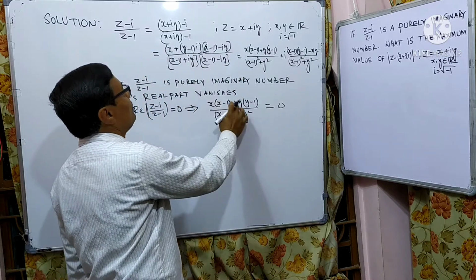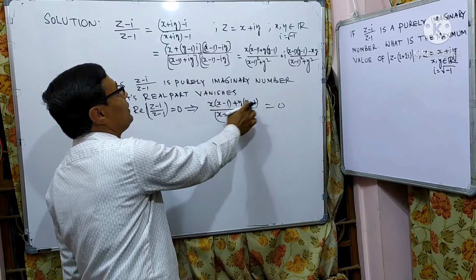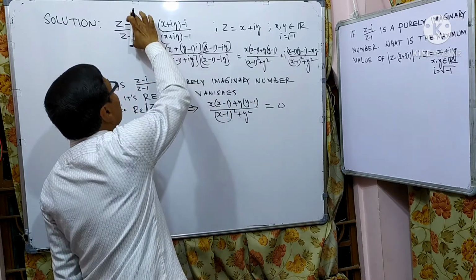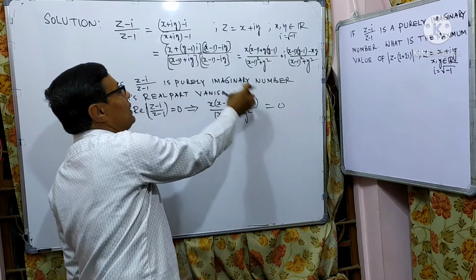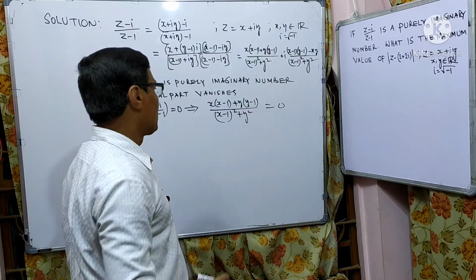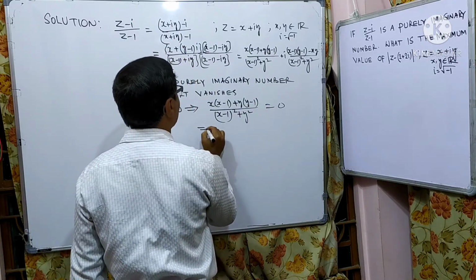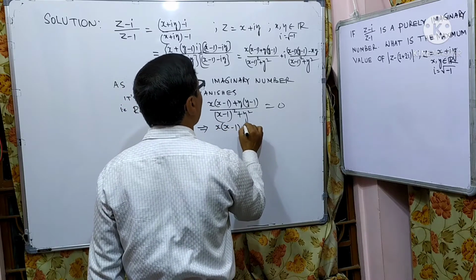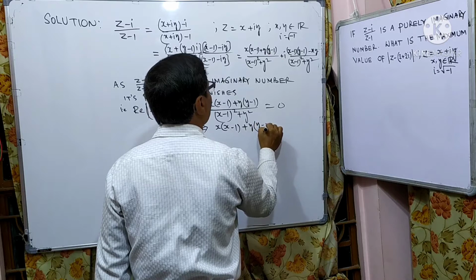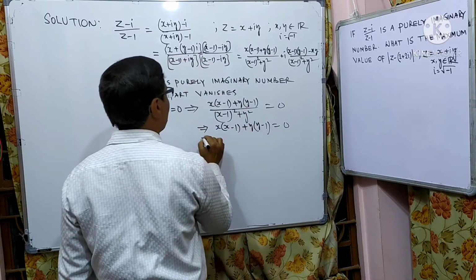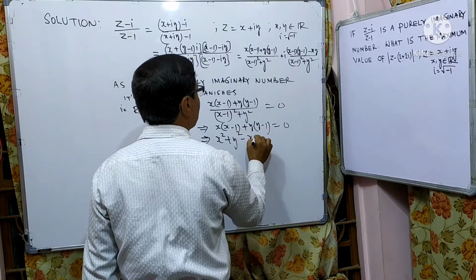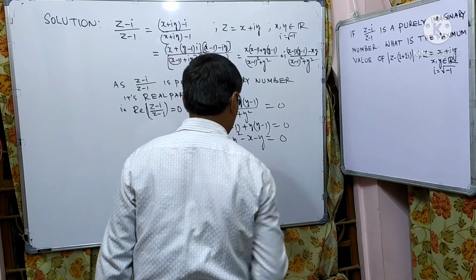So we have x into (x minus 1) plus y into (y minus 1), so x square plus y square minus x minus y equals 0.